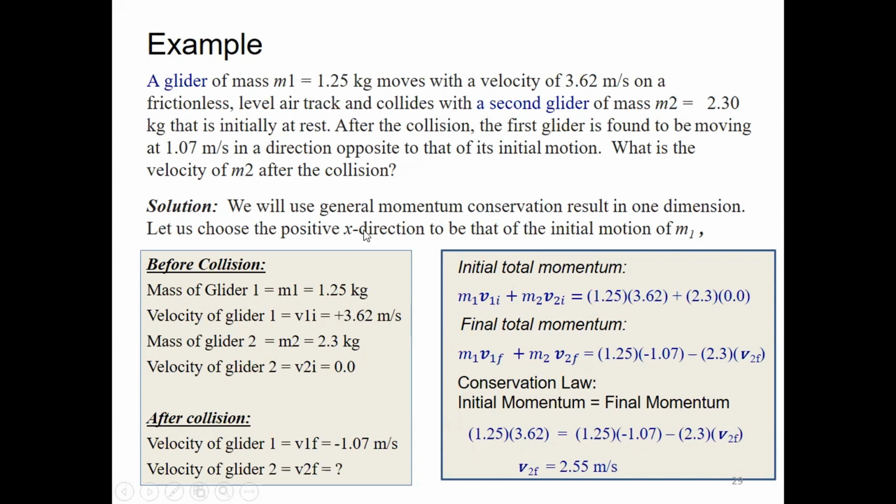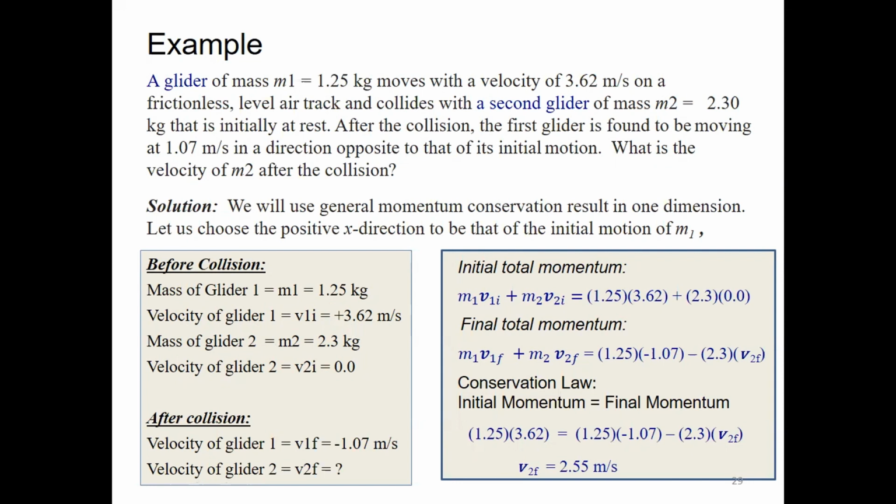We will use momentum conservation in one dimension, and we will choose positive x to be the initial motion of the mass m1. The mass and velocity of the first glider are given, the mass of the second glider is given, and its velocity is initially 0.